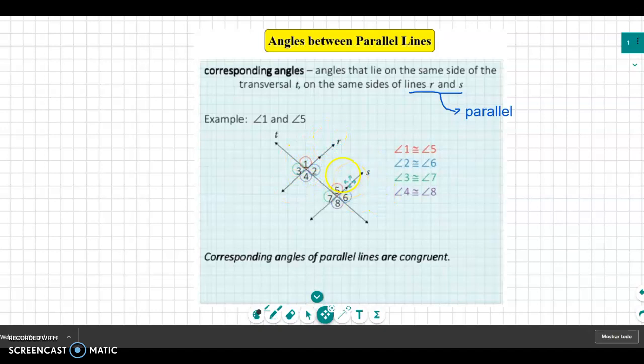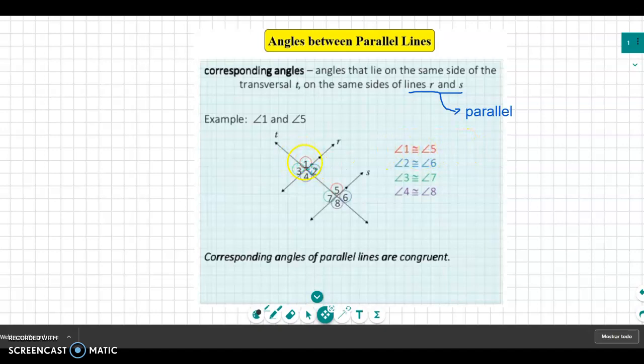If we check these angles here, which ones are on the same side of the transversal line? We have angle 1 and angle 5, because they are above line R and above line S, to the right. So 1 and 5 are corresponding angles, and they have the same measure.